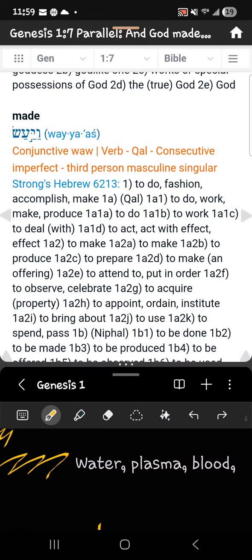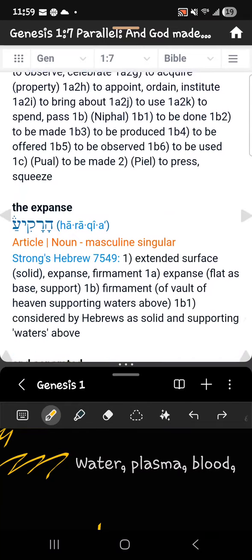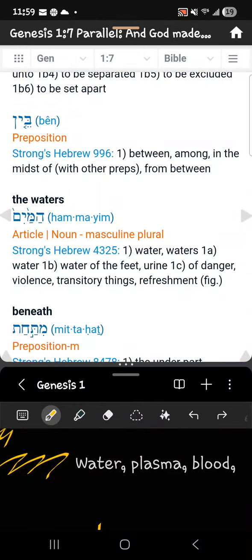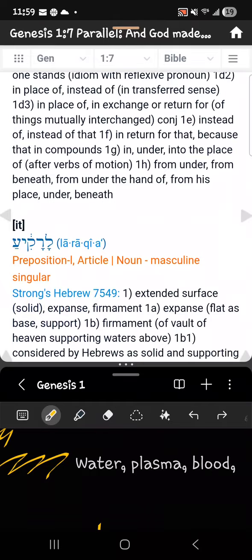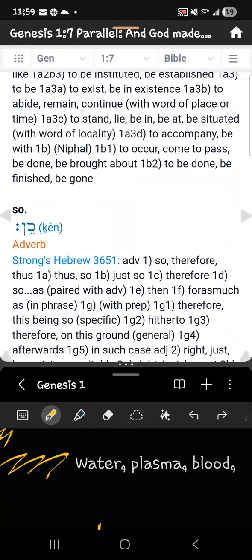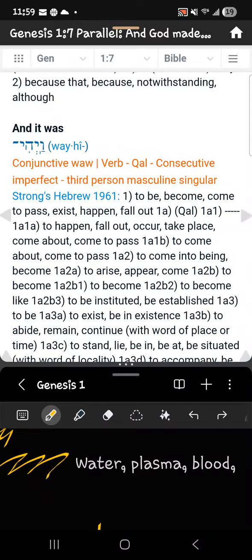Allah Hayam made, waya aish, to do, to fashion, make, accomplish, the riqayya, and separated it, to divide between the waters beneath it from the waters above. And it was so, but I'm the bad guy as soon as I say we're just talking about the placenta here.